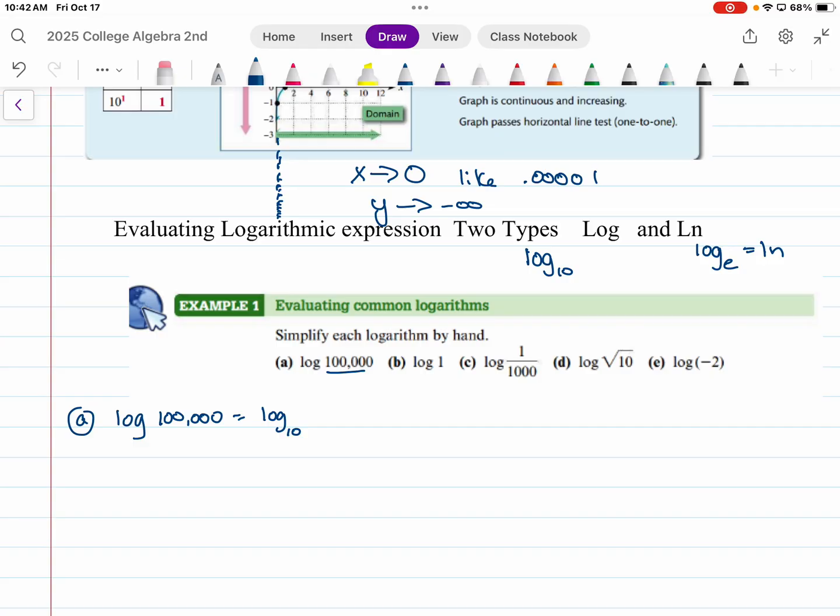So our goal here is to say, well, 100,000 is the same thing as 10 to the 5th power. So I can rewrite this as 10 to the 5th. And then I'm able to cancel those out, and my answer is 5.